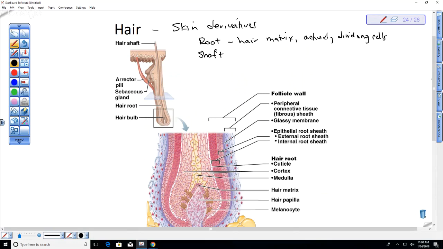So sometimes when you pull out hair, like when you're pulling out an eyebrow hair, you sometimes notice that the bulb is dark in color, and that is because of the presence of the melanocytes, which give the hair its color. Okay? So what happens is that these cells reproduce and then they migrate to the outside. So the outer part of the shaft extends above the skin, right?